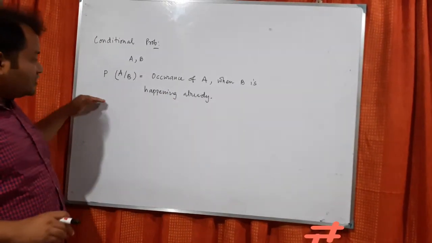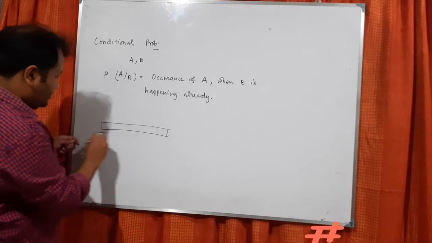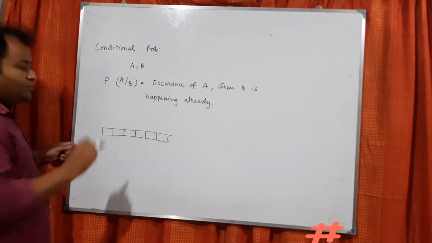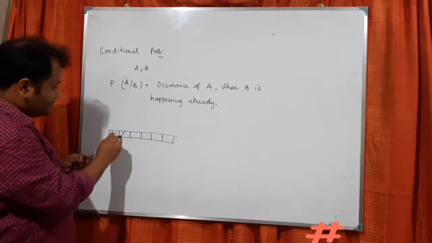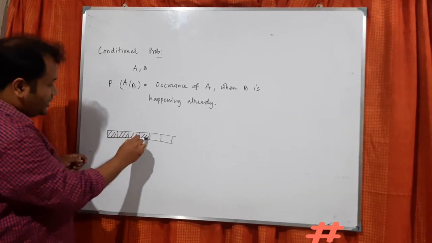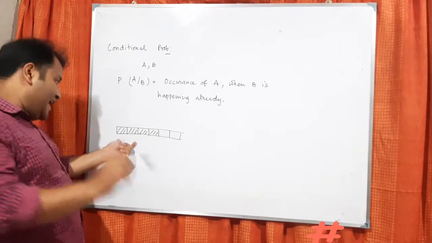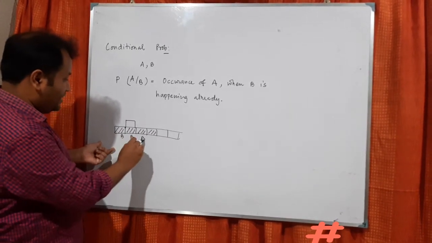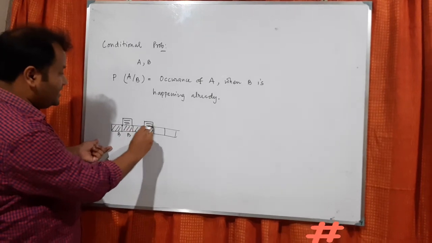That is, first of all, say there are 6 positions. Out of these 6 positions, in 4 cases B is already happening, so this is B, B, B, B. A is happening, suppose here, here and here.